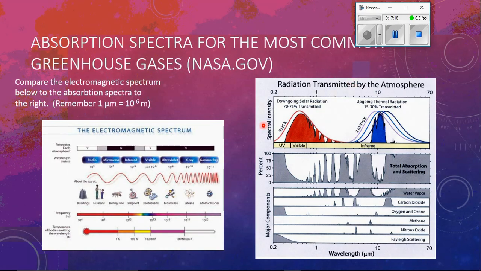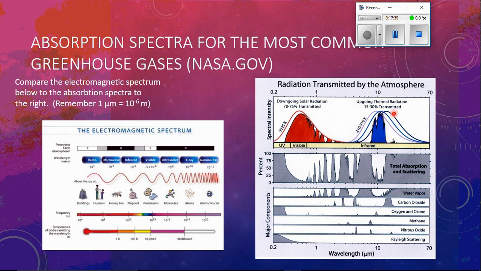So on the right here, we've got a Wien's diagram where you've got intensity on the y-axis and wavelength on the x-axis. And the red portion here represents the downgoing solar radiation, or energy that is produced from the sun heading towards our planet.